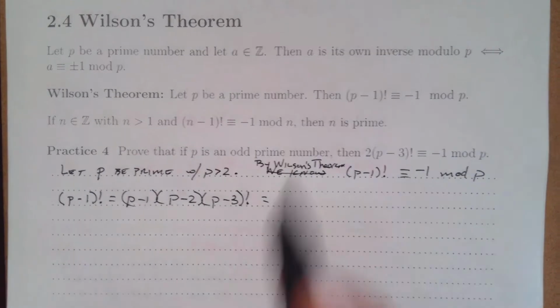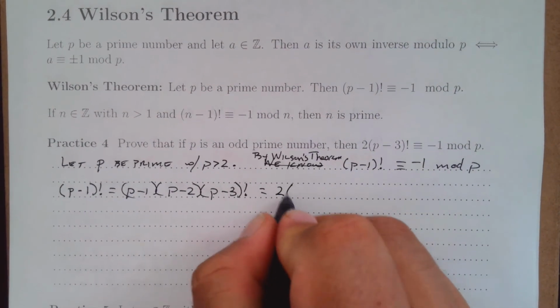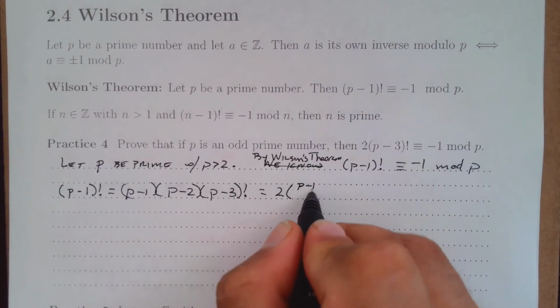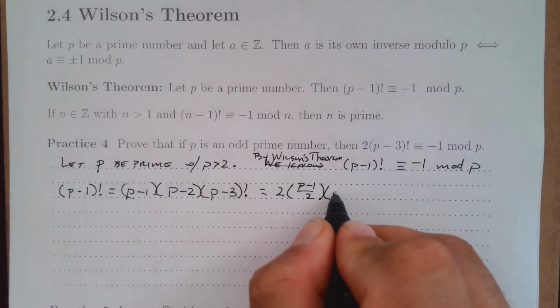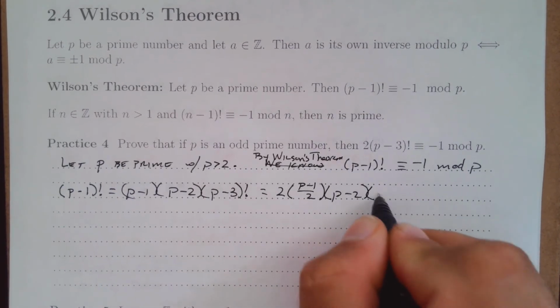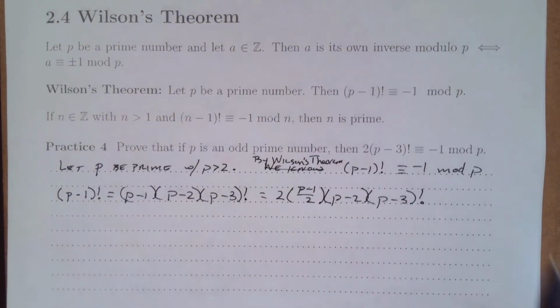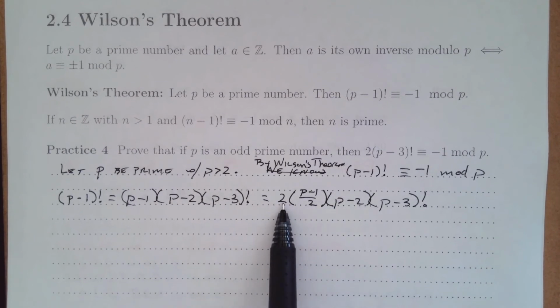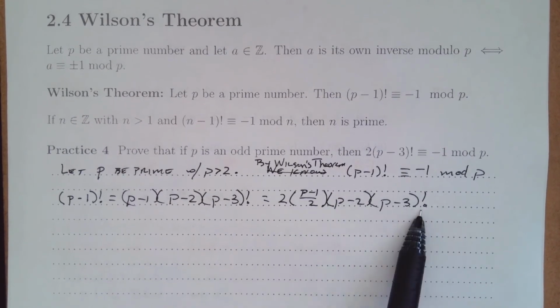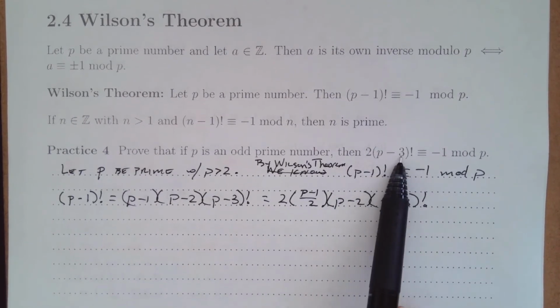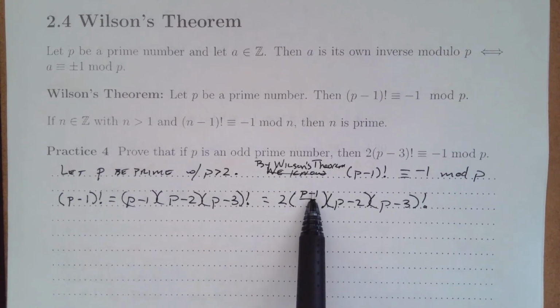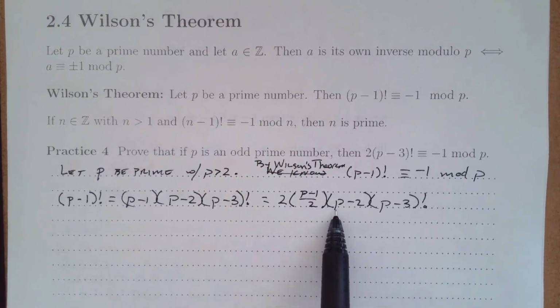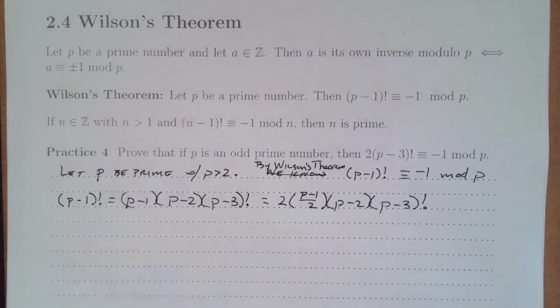So I can write this as 2 times (p − 1)/2 times (p − 2) times (p − 3)!. And so now I have the 2 and the (p − 3)! that I want, and I need to figure out what (p − 1)/2 times (p − 2) gives us.